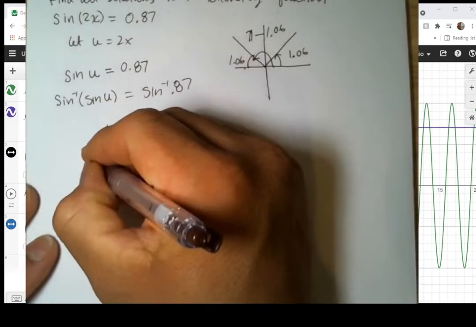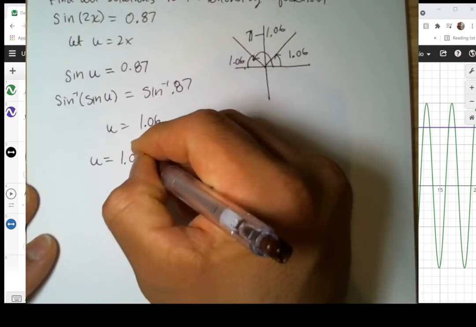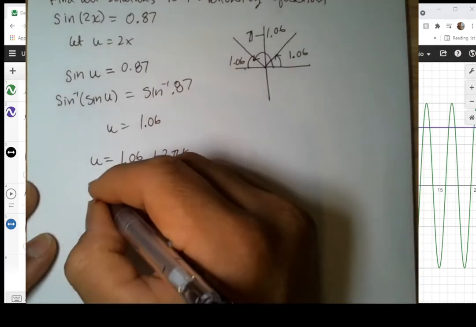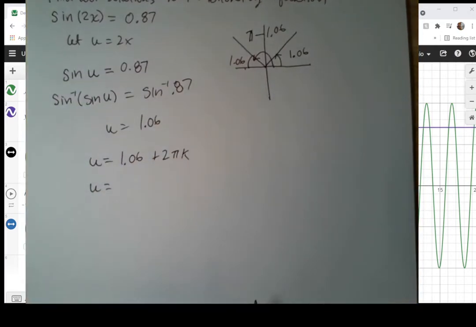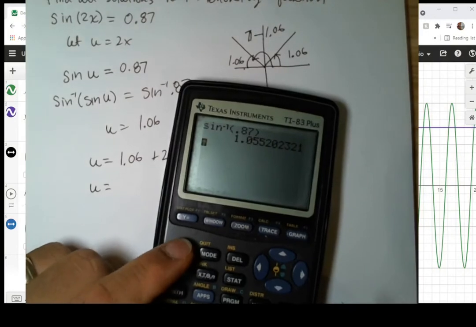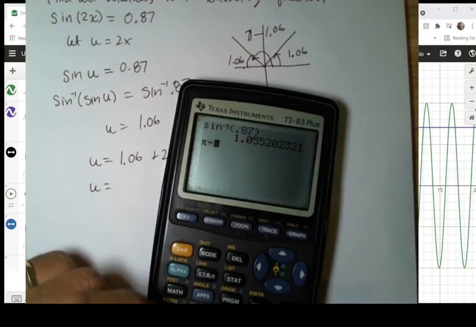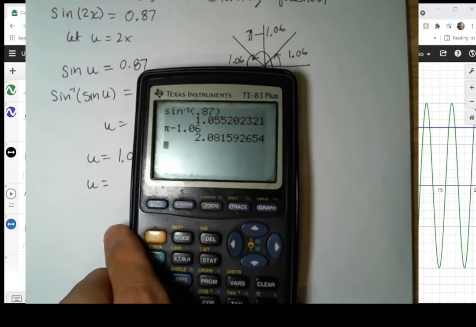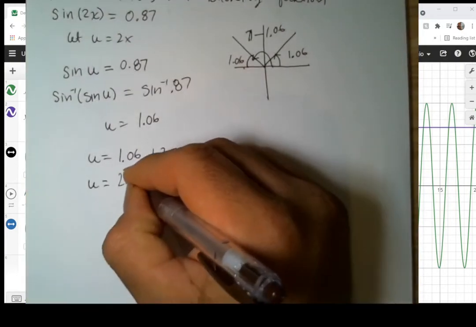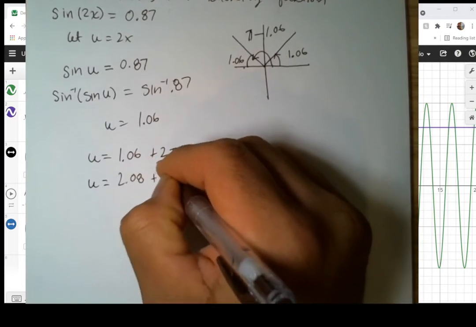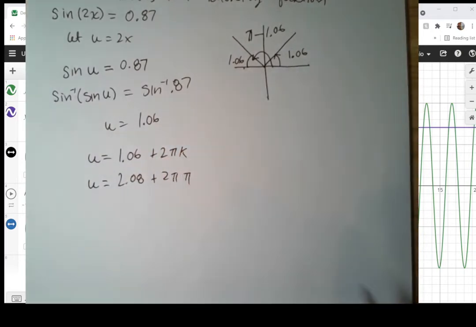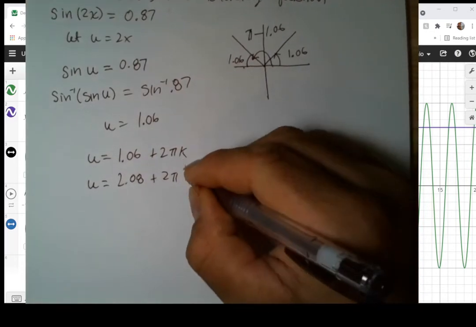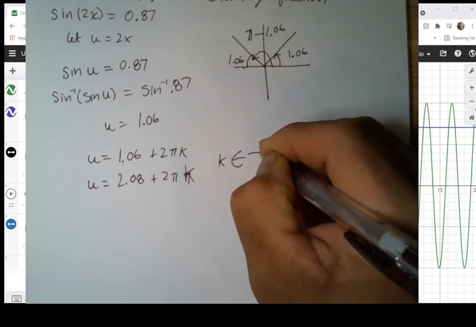Okay, so now we have enough for both of our equations here. So u is going to be 1.06 plus 2 pi k, and then our other one is pi minus 1.06. We're already estimating, so let's get a decimal approximation here, and we have 2.08. And again, k is any integer.